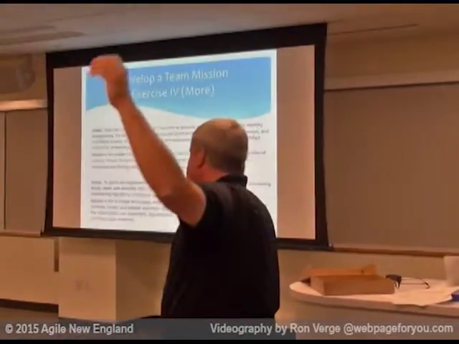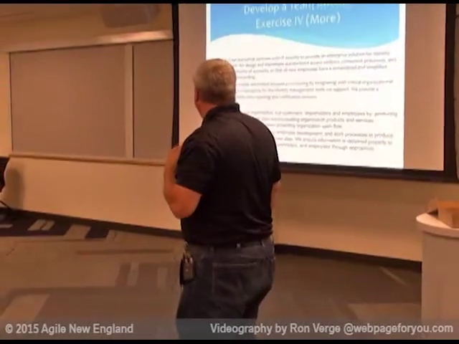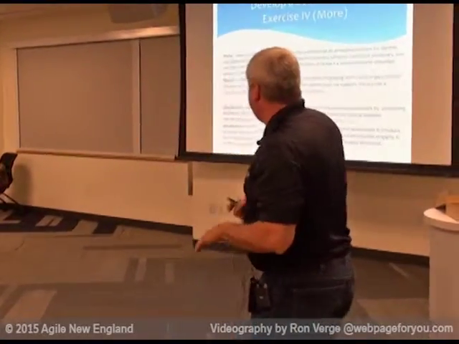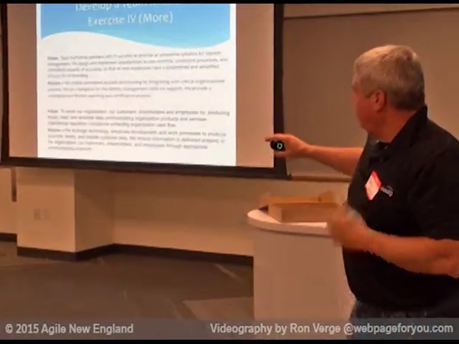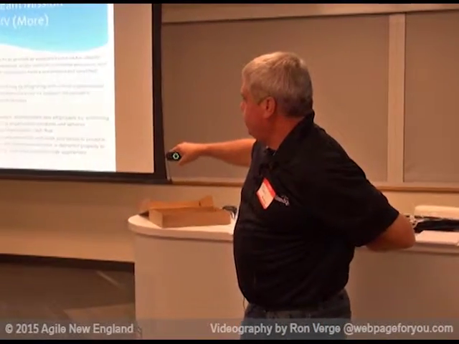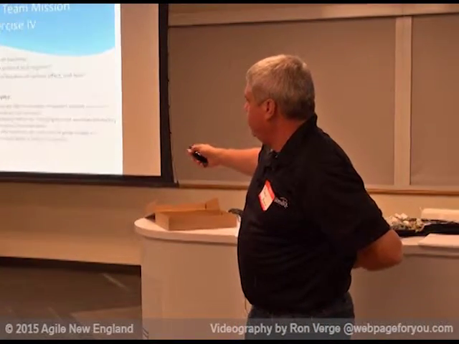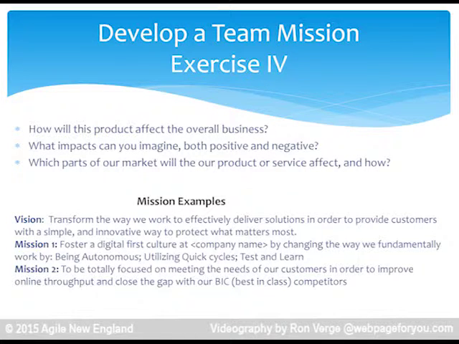I know some of you may have gone ahead. Here are some more examples of visions with the mission with it. I don't know if I pointed this out before, but here is a vision with 2 missions. The example I gave earlier about transforming the way you work was the vision.